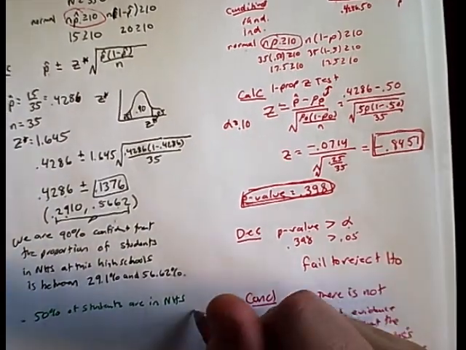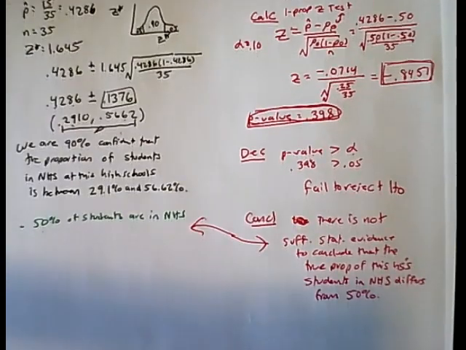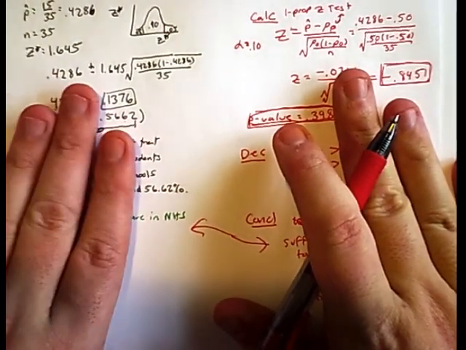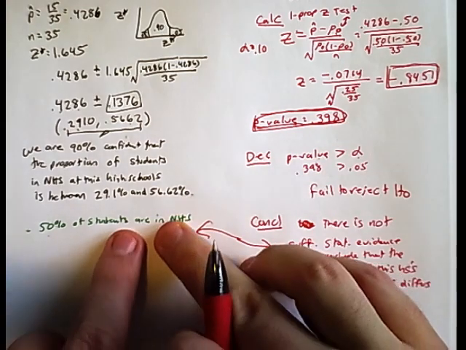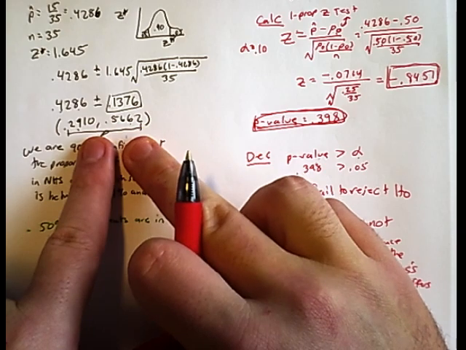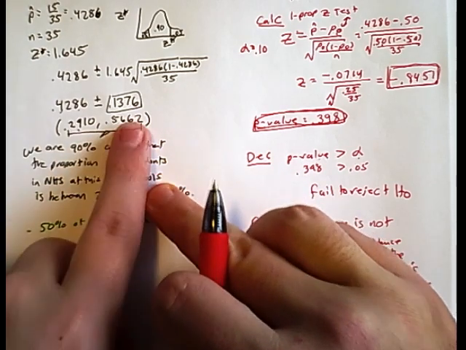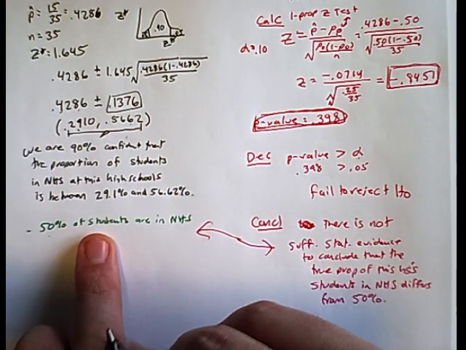So that's the connection between the two. Whether you're doing a hypothesis test or a confidence interval, if you get asked a question like that, over in the confidence interval, we just have to look at the interval. Is that value in the interval? If it is, then I can't refute it. But if it would not have been in there, then I could say, no, I don't believe that it's 50%.